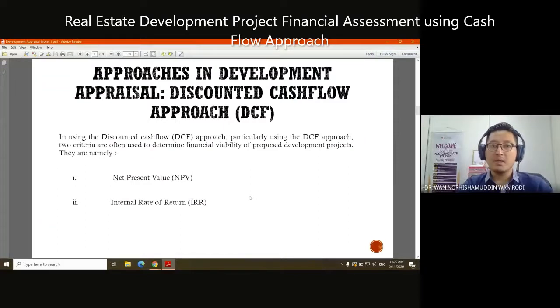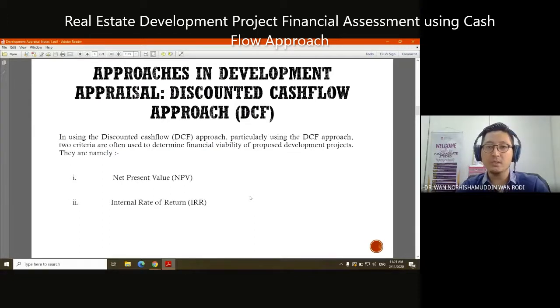Okay, let me show you the detailed explanation in regards to the approaches that we use in development appraisal. First is the discounted cash flow approach. The discounted cash flow approach can be defined as an approach that seeks to estimate the present value, or worth, of the project.